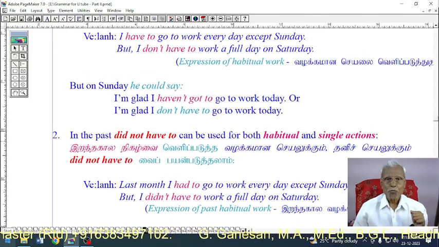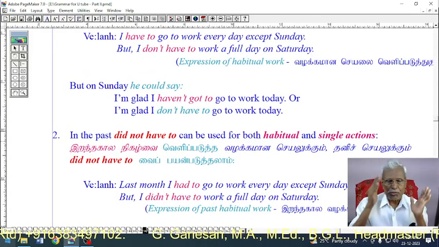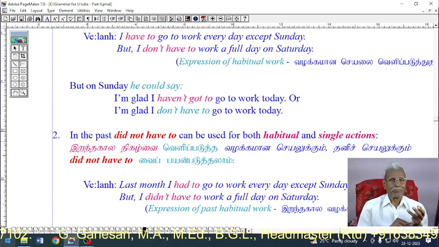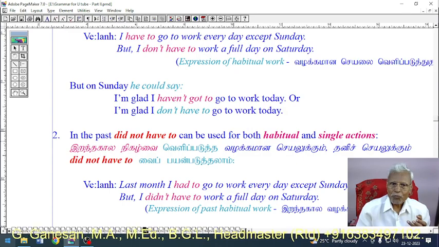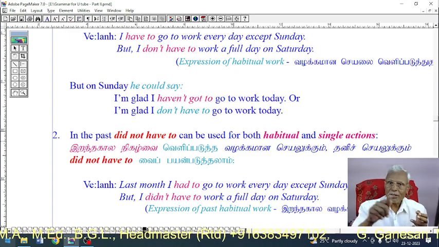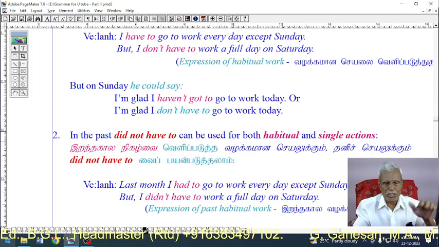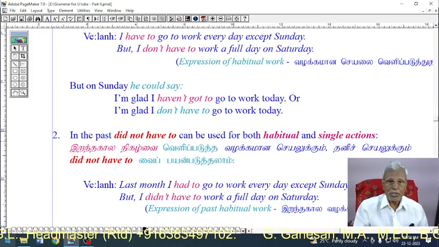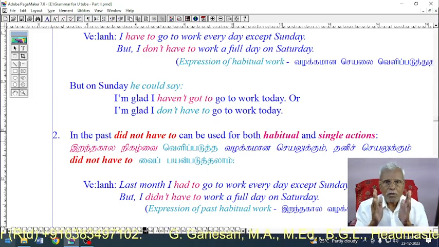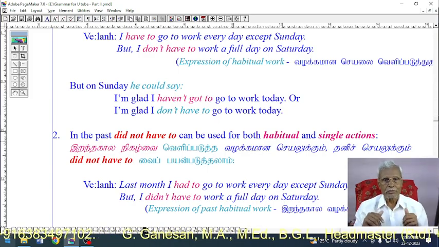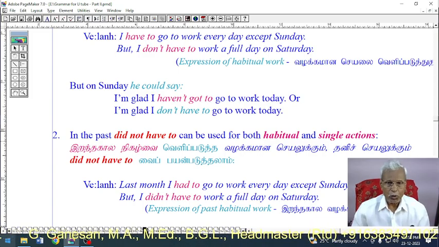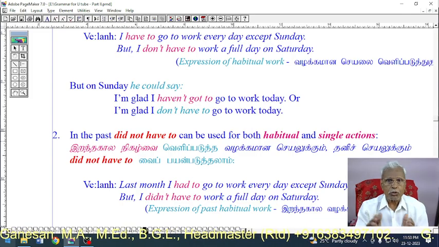Dear students, regarding present tense, we can use have to in the affirmative, and in the negative, do not have to or does not have to. Another form is have got to work, have got to go, or haven't got to go.